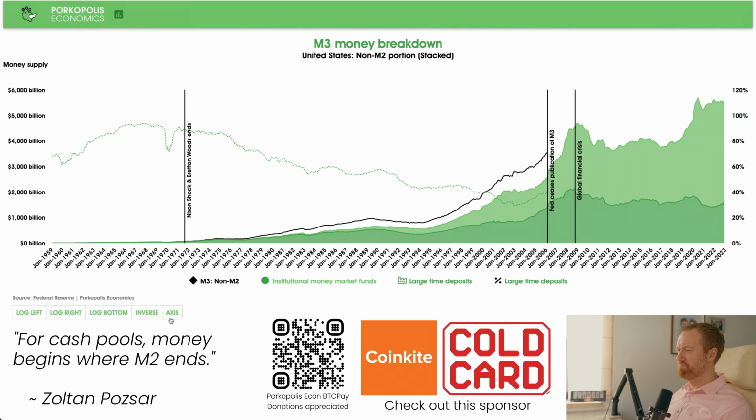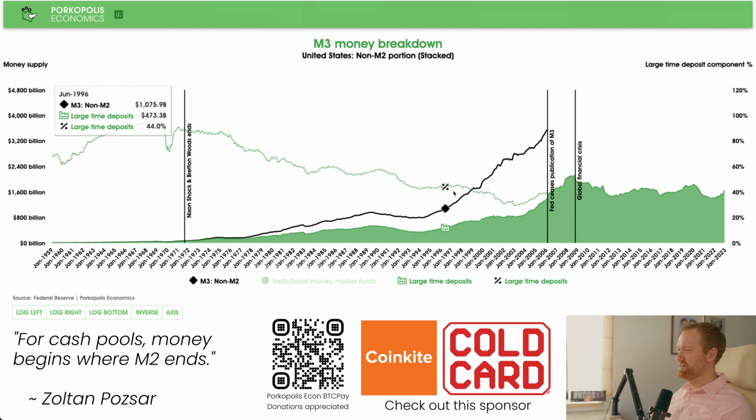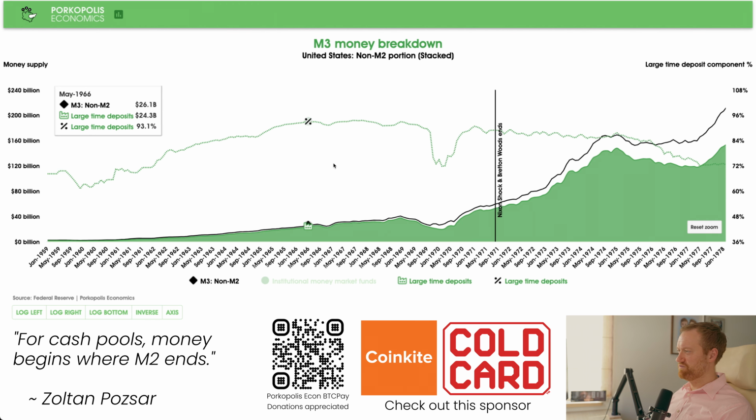And I want to put back the right axis, which goes back to what I was saying before. It's just the proportion of large time deposits. I could have put the proportion of both, but let's take out institutional again just to look at this. As I've said before, zooming in here, in the 60s and 70s large time deposits were the vast majority of non-M2 M3 money, 90+% in the late 60s.